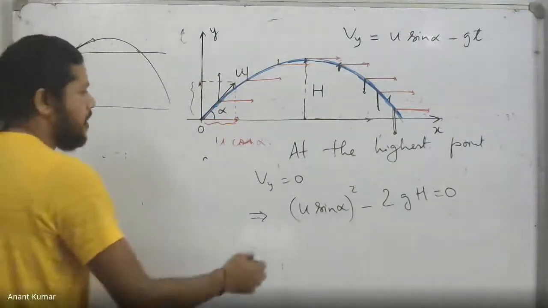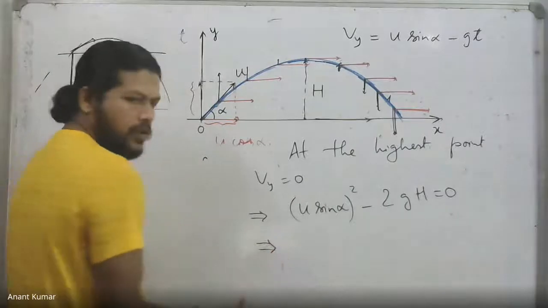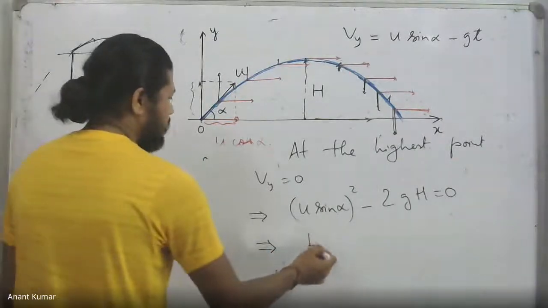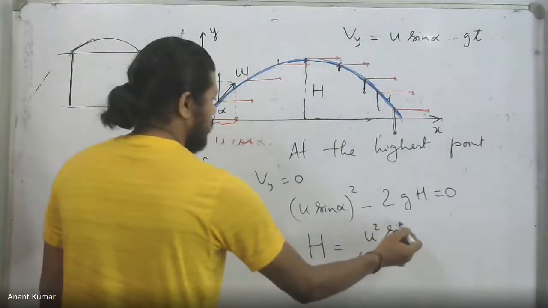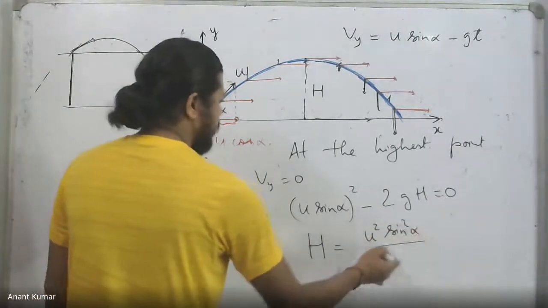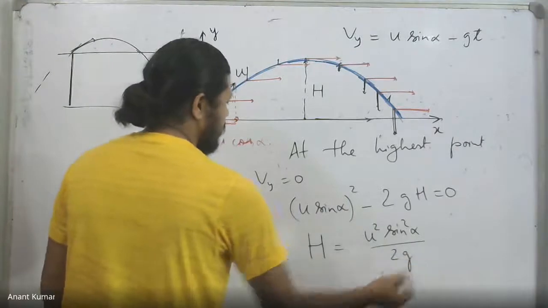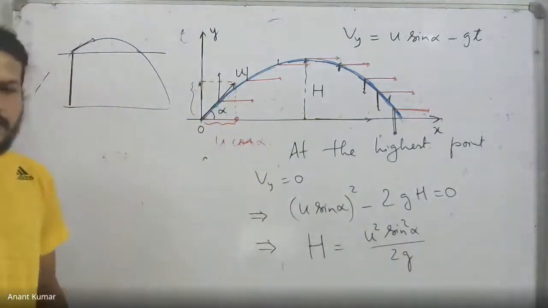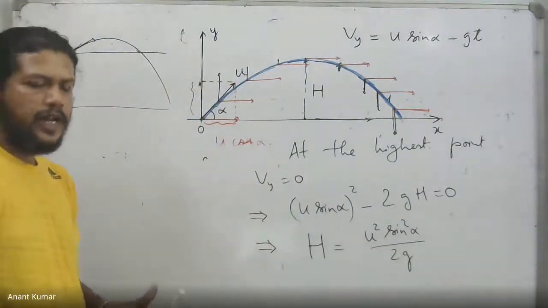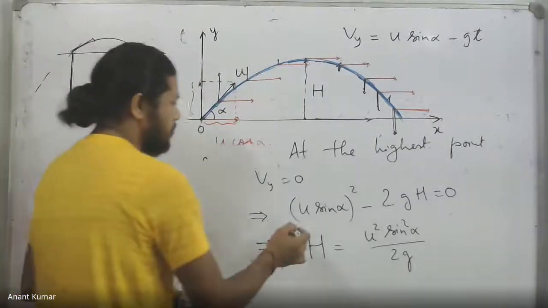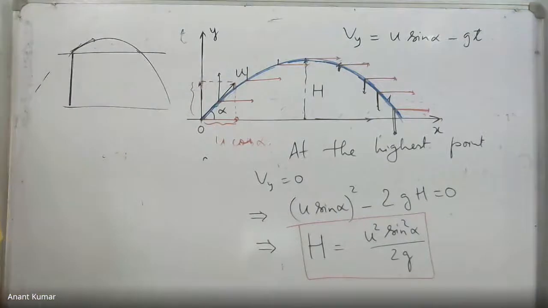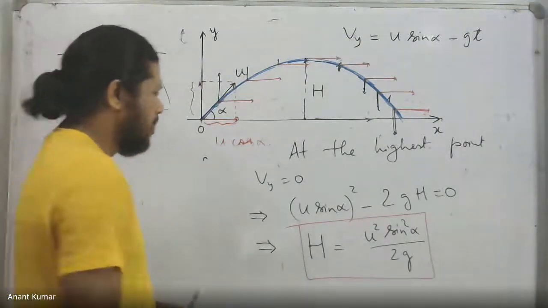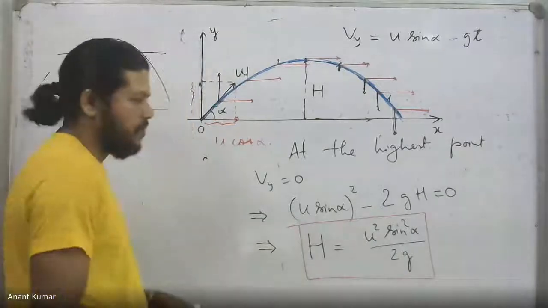So that will give us the maximum height of the projectile as u square sine square alpha upon 2g. That becomes the maximum height attained by the projectile above the horizontal surface. Okay, if the line is tilted anyway.